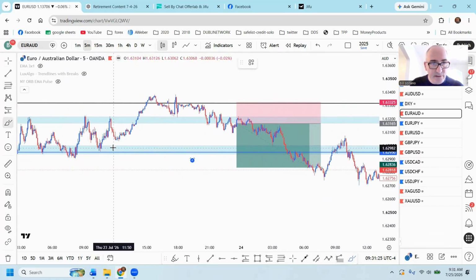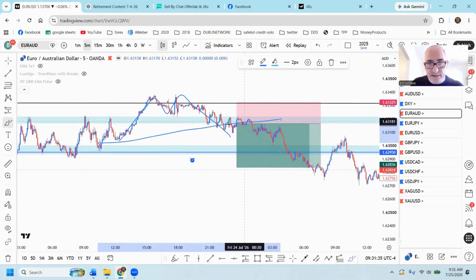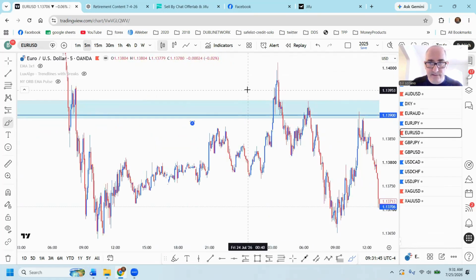And you can see here on the 5-minute, we have this M, and then we actually got a trend line break in this area right here. And that's where we got in that trade. So that's EUR-AUD. Let's look at EUR-USD next.